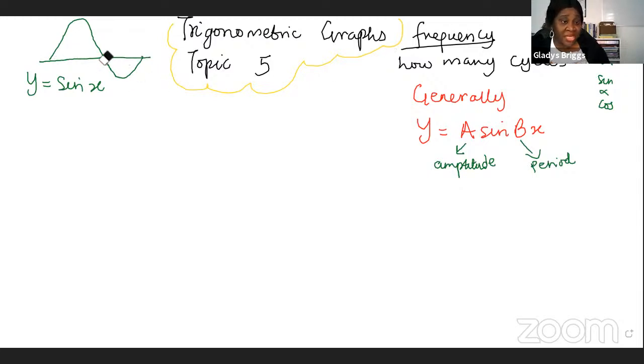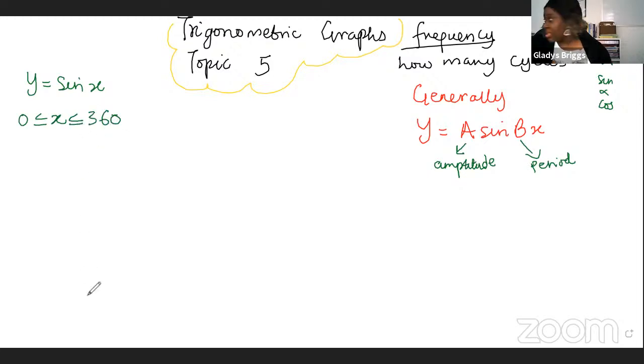I already told you that the sine and cosine functions both have a period of 2 pi. So let's draw y is equal to sine x for 0 is less than or equal to x is less than or equal to 360 degrees.